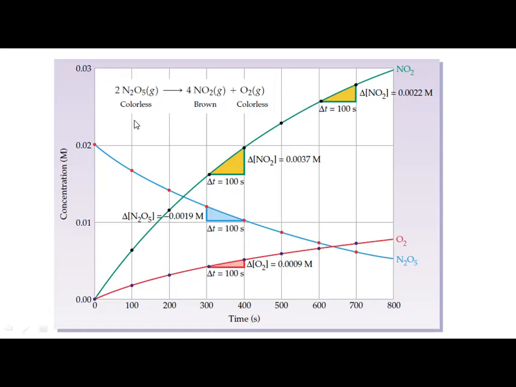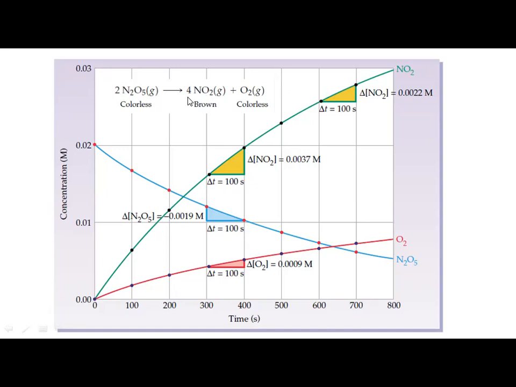This is the equation, and we say there are 2 moles of dinitrogen pentoxide, because it is written along with N2O5, and there are 4 moles of nitrogen dioxide and 1 mole of oxygen. So what is the ratio between these two? 1:4.